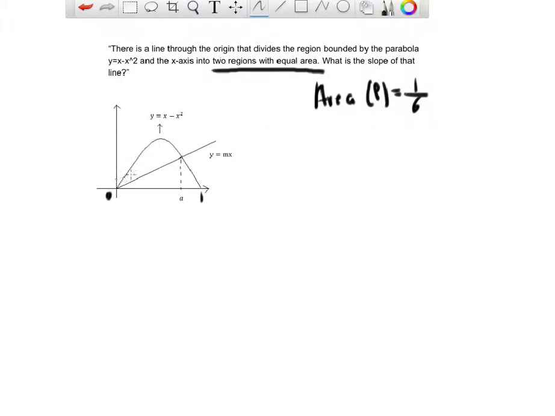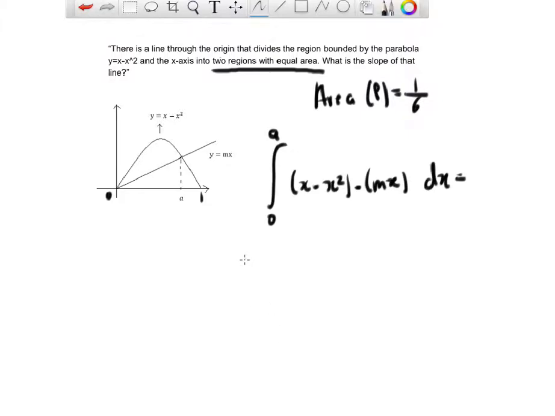So to find the area of just this section, we can do the integration from 0 to a of the top function, x minus x squared, minus the bottom function, y equals mx, so just mx. And again, we're doing this because we need to use the information that this line divides y equals x minus x squared into two regions with equal area.